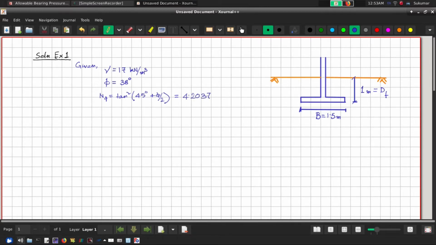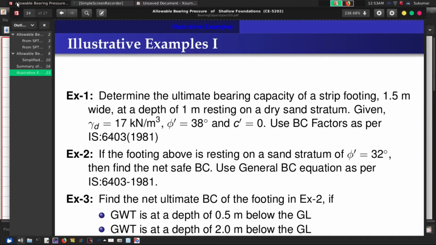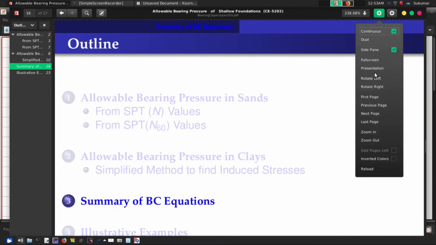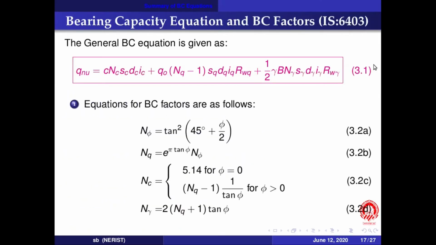And using this N phi, the Nc, Nq and N gamma can be obtained by using the appropriate formulae, which we have already seen. Let us once again see this. This is our N phi and Nq and Nc and N gamma.